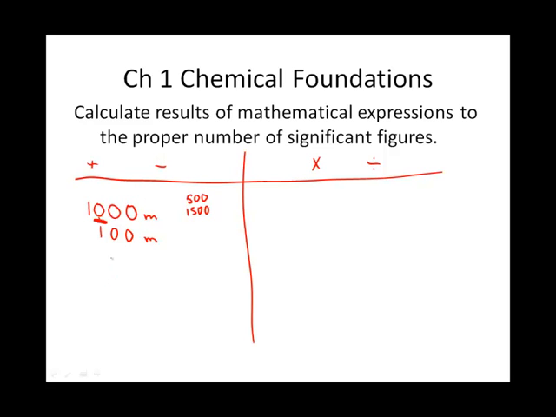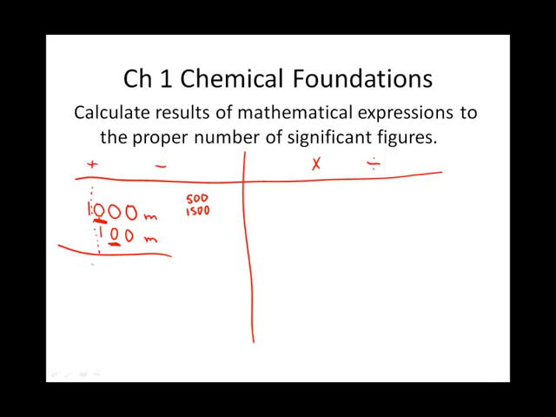This digit is our uncertain digit. Here, the uncertain digit in the second measurement is in this place. When we add these together, we don't go past that first uncertain digit.